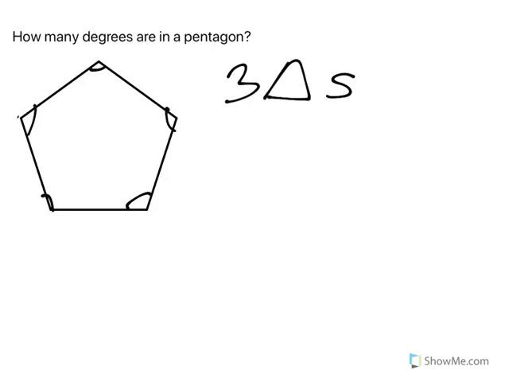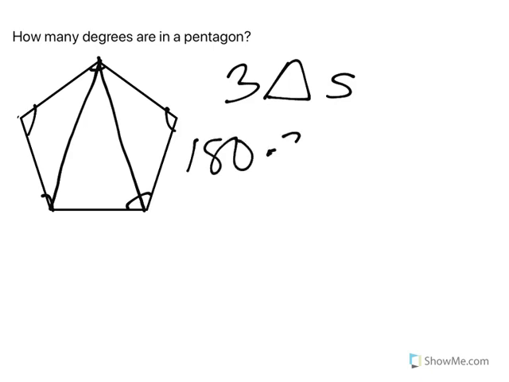Even if we're splitting them with a line, we're not creating any new ones. And so we have our 3 triangles. We multiply that times 180 because we know each triangle has 180 degrees, and we find that the interior angle sum of a pentagon is 540 degrees.